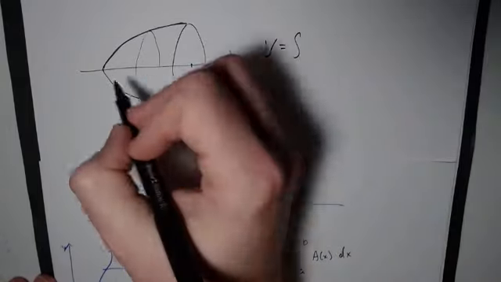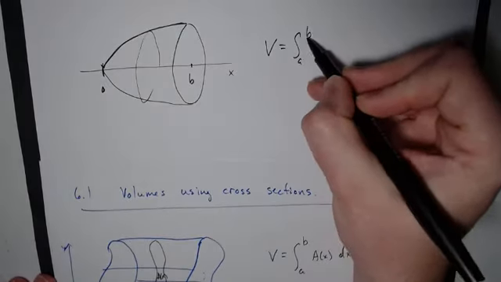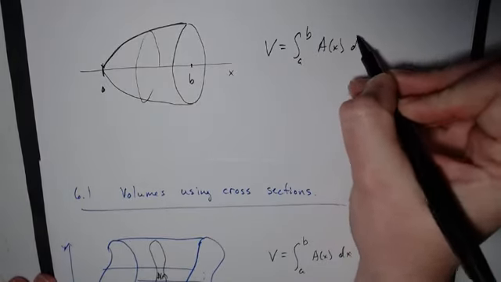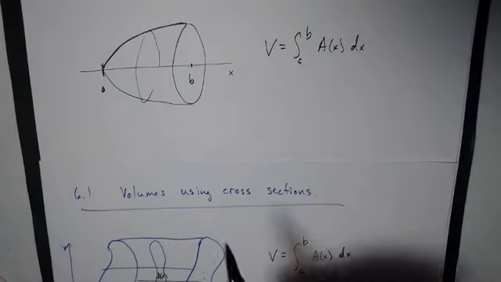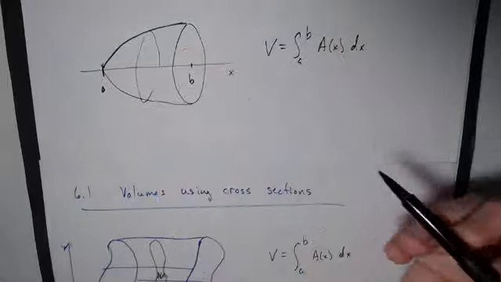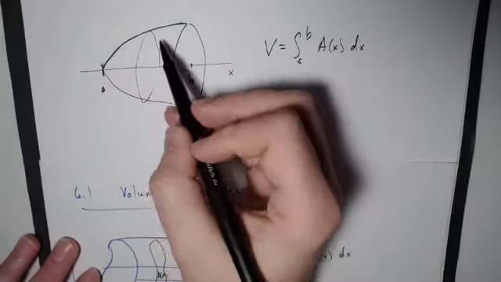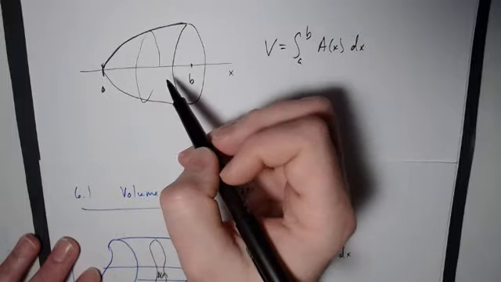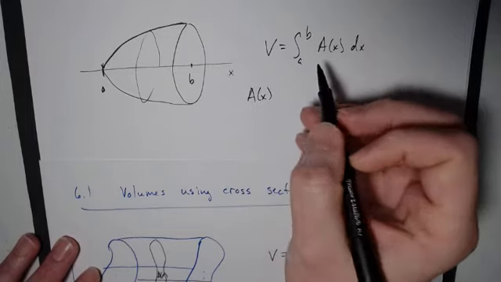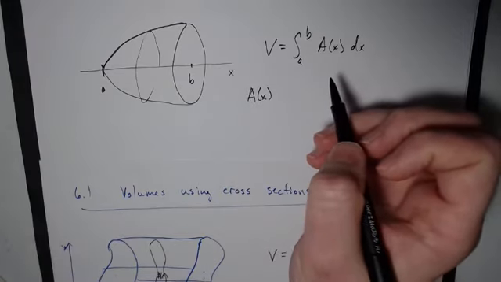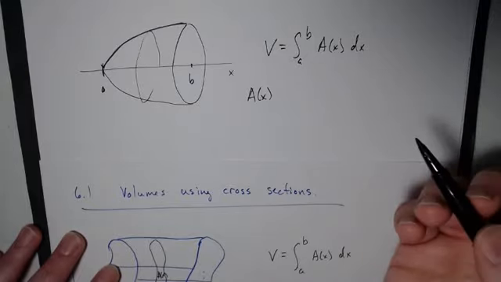I can take the integral from a to b of A of x dx, but my cross-sectional area is going to be pretty easy to figure because it's a circle, since it's a solid of revolution. So since I just revolve it around that x-axis there, A of x for any given x is going to be equal to, for this one, let's be nice to ourselves.